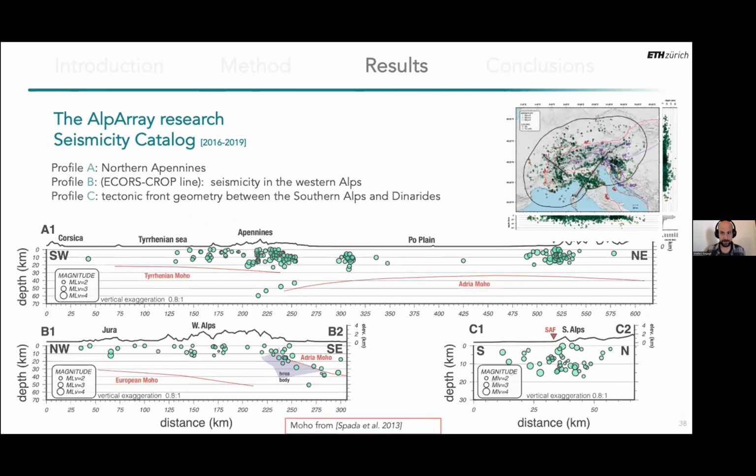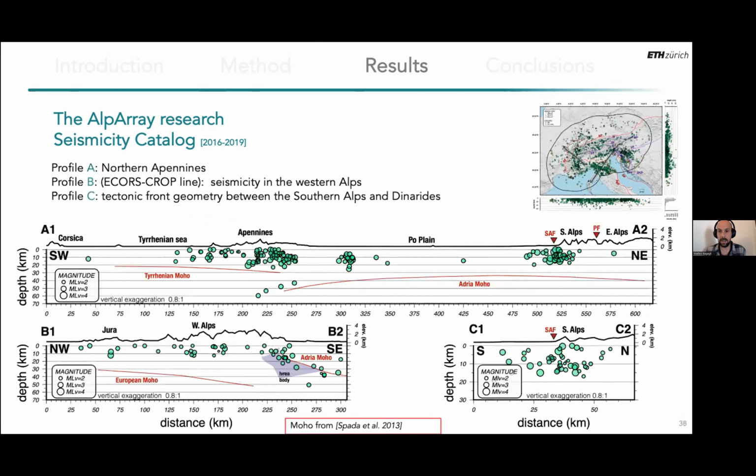The seismicity that our catalog shows is fitting the general seismotectonic trend of the microplates that are in play in this region.